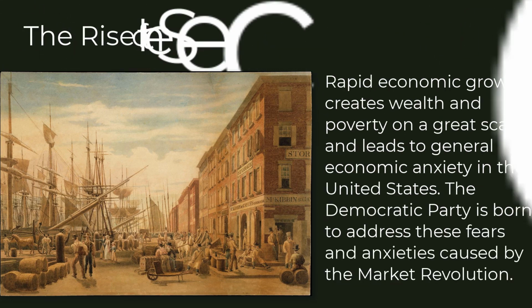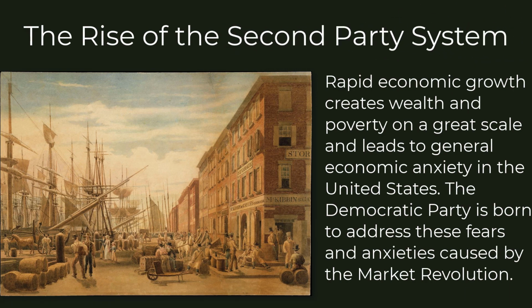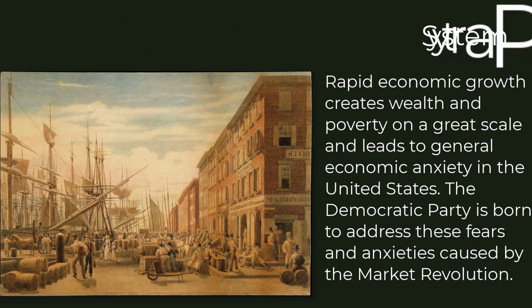That is largely the belief of the Whigs. But opposing them is the birth of another new party, the Democrats. And what the Democrats believe is that the market revolution is a dangerous thing, and the worst excesses of the market revolution need to be curbed, and America needs to find a way for farmers and other average, ordinary citizens to become independent again.